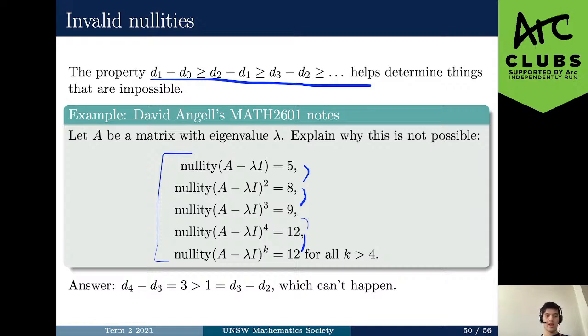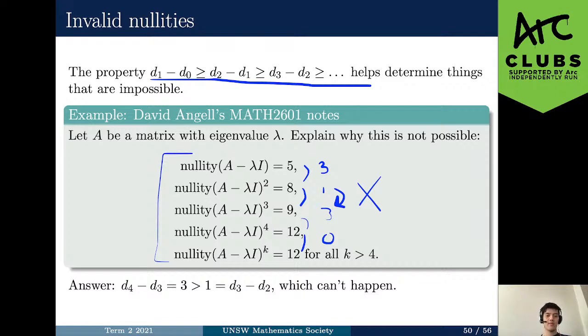And the second rule is looking at the differences between them. This difference is 3, this difference is 1, this difference is 3, this difference is 0. The differences need to be non-increasing, which is not true, because going from 1 to 3 is increasing, so that's not allowed. So this is not possible.